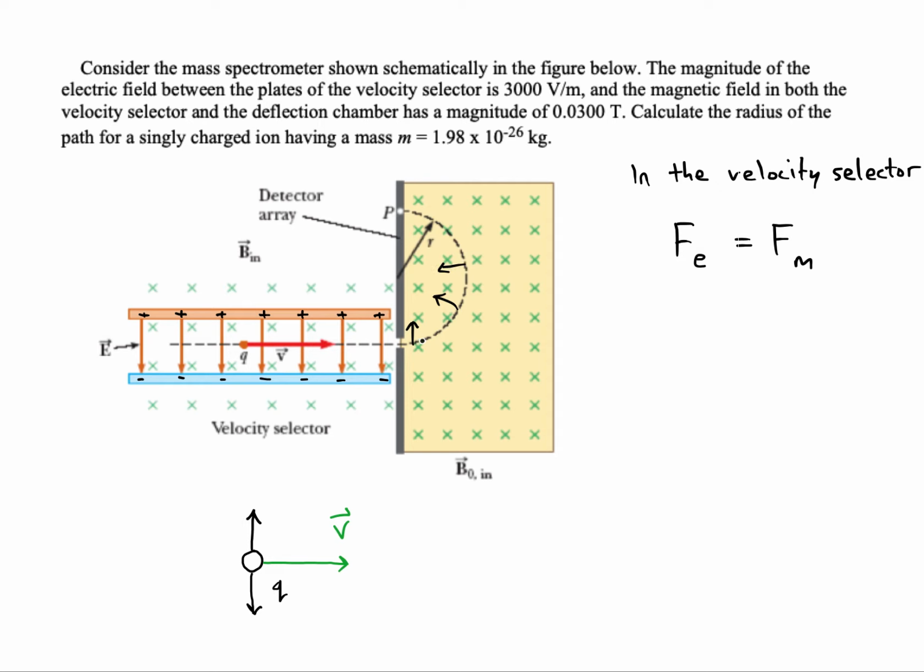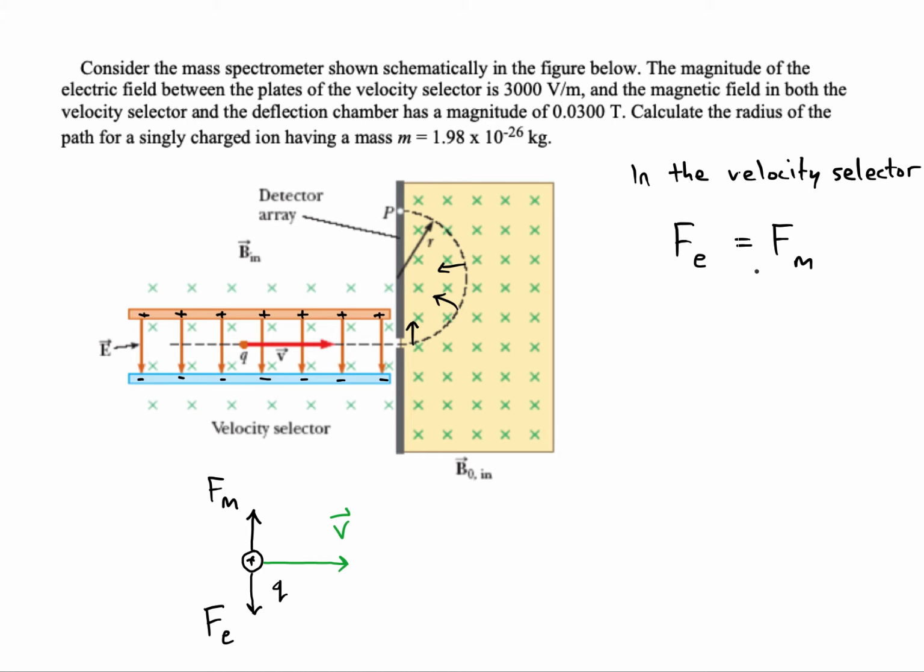It looks like the magnetic force is going to be pointing upward when the particle exits the velocity selector. So that right there tells us that this must be the magnetic force and the downward force is the electric force. With that in mind, positive charges are attracted to negatives, so this must actually be a positive charge.